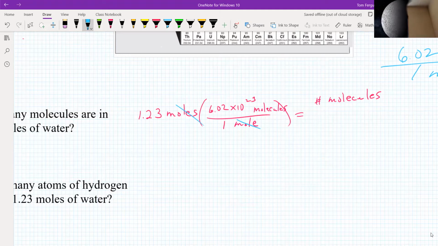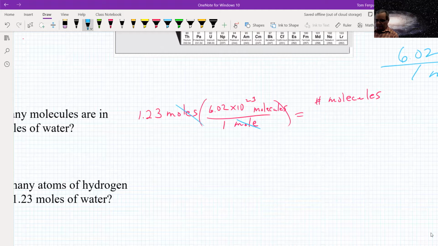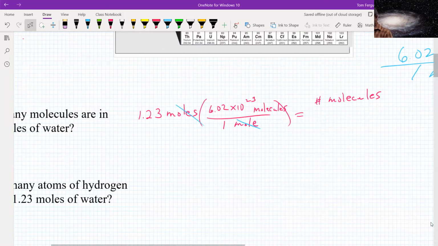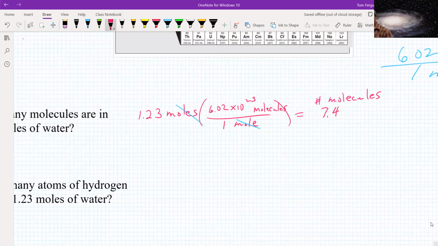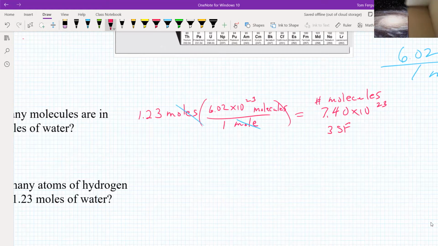All right, so what are we looking at here? We have 3 sig figs and 3 sig figs, so obviously our answer is going to be 3 sig figs.